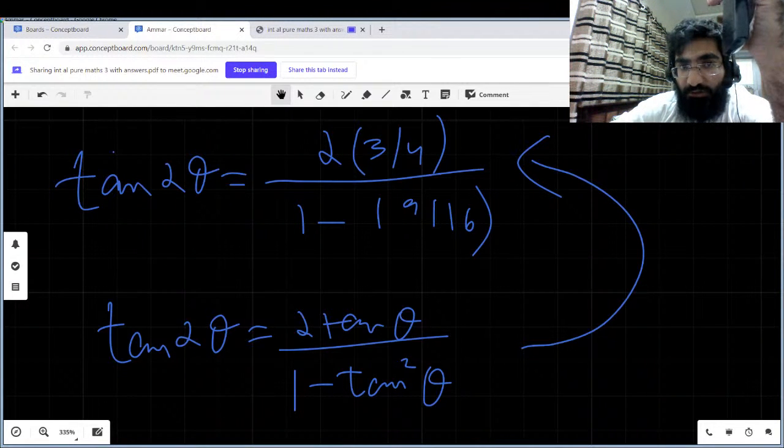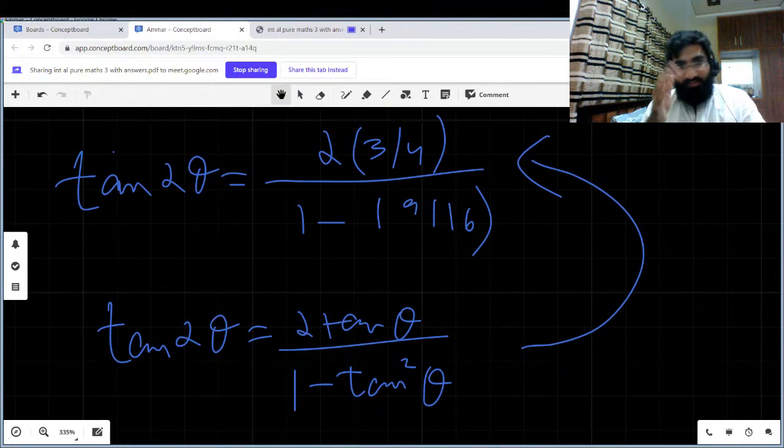Perpendicular is delta y, adjacent is delta x. So when the gradient was 3/4, it was tan theta because it was bisecting. So for the complete angle, it would be tan 2 theta. Okay, I got it now.